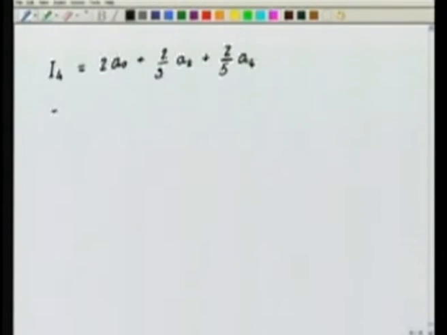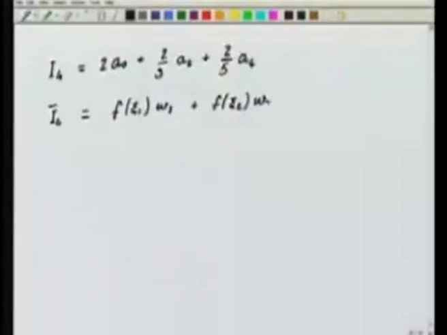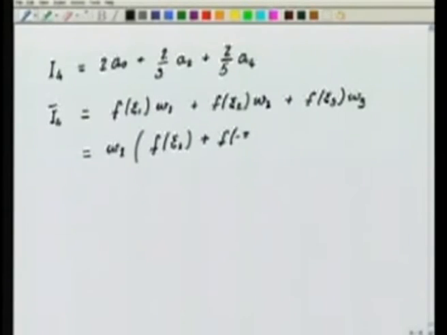What I want from the summation is equal to f at psi 1 into W1 plus f at psi 2 into W2 plus f at psi 3 into W3. Now this will be equal to W1 into f at psi 1 plus f at minus psi 1 plus W2 into f at 0.